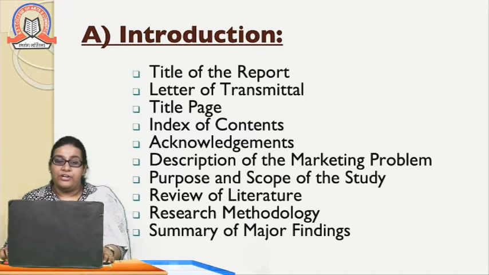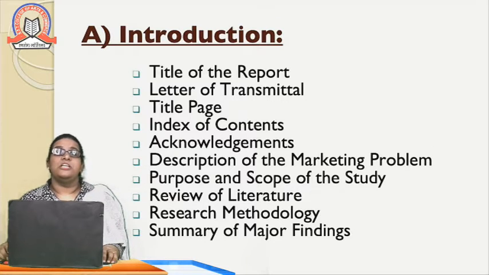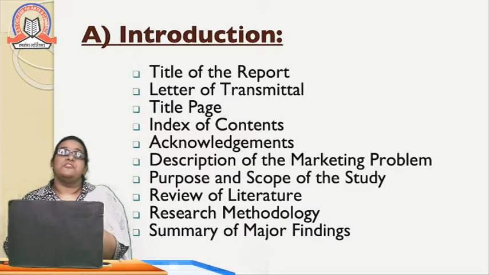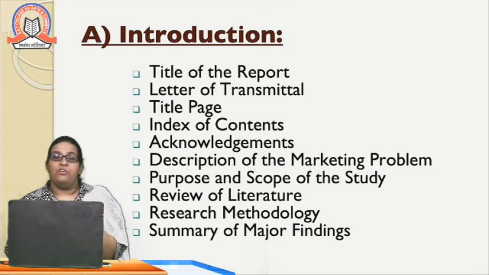Then review of literature should be there. Review of literature is the previous studies, the previous research we refer to for our study. Whenever we are going to conduct research, we refer to previous research conducted on that particular topic or in that particular area. So it's called review of literature.